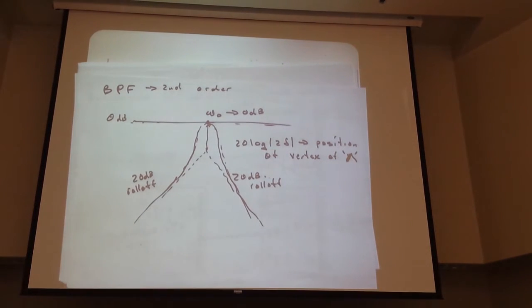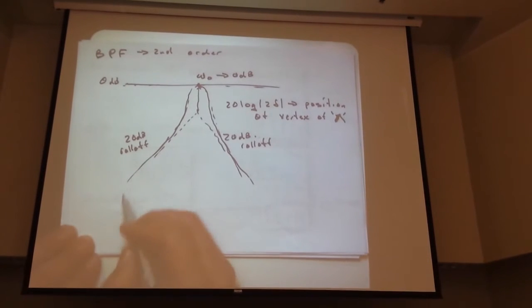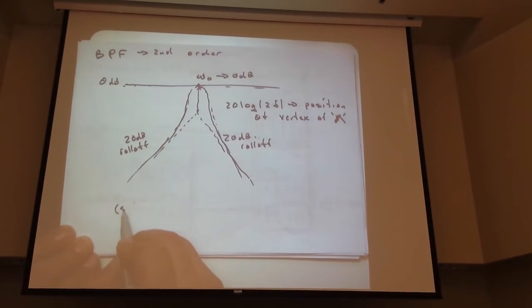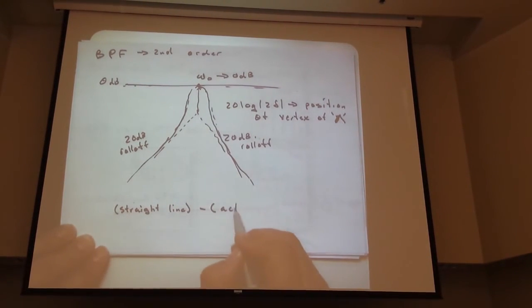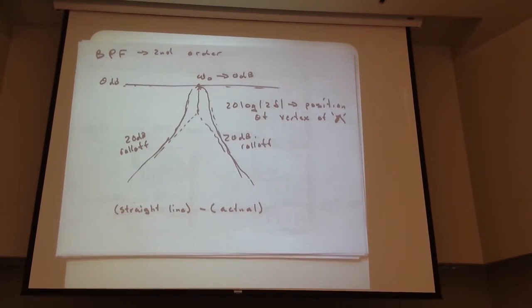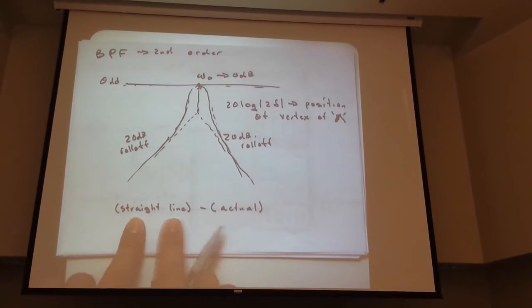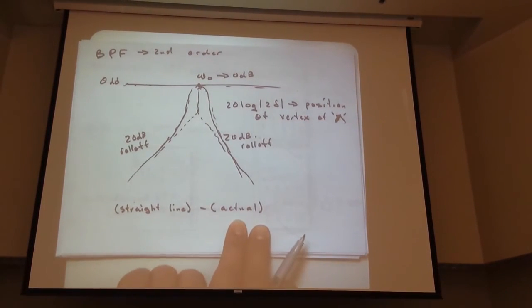So in some sense, if we write it out a little bit mathematically, we could write it as straight line minus actual. Essentially, that's what we're doing with minus 3 dB points: straight line approximation versus the actual point.